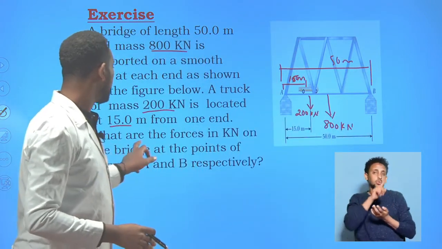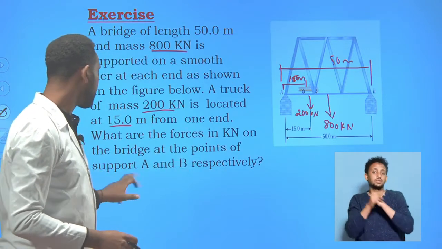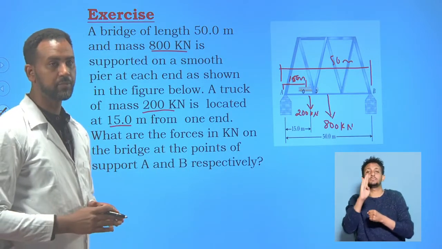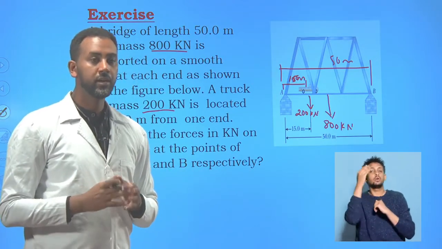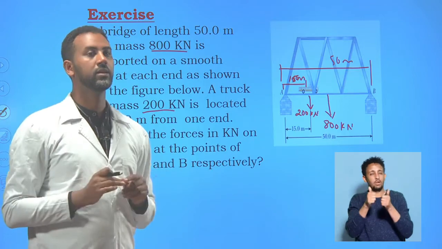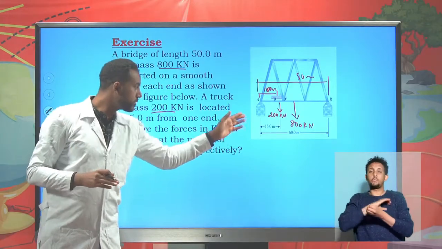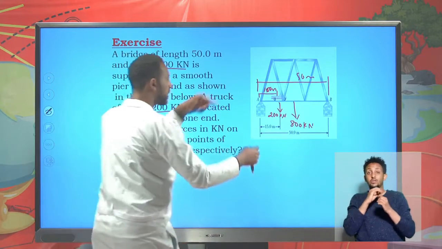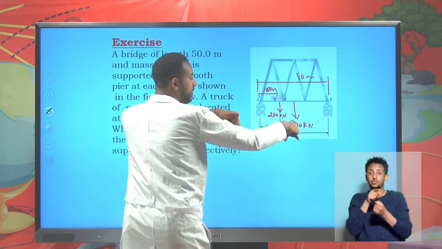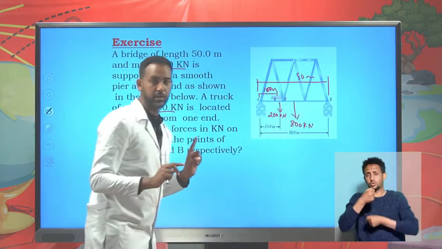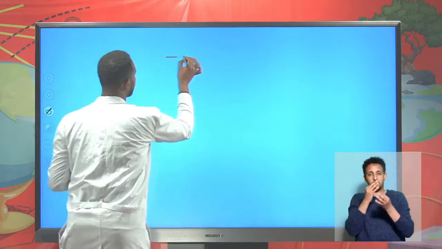So the question is, what are the forces in kilonewton on the bridge at the points of support A and B respectively? To solve this kind of problem, you always have to be very clever in drawing free body diagrams. What are the force components exerted on this object? The force components are the force due to the truck, the force due to the bridge itself, and there are two supports here. Therefore, you should draw the free body diagram like this.